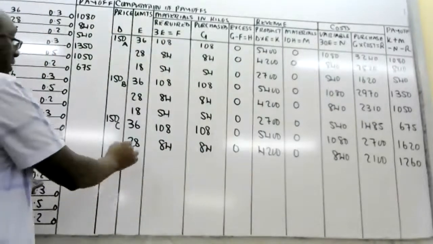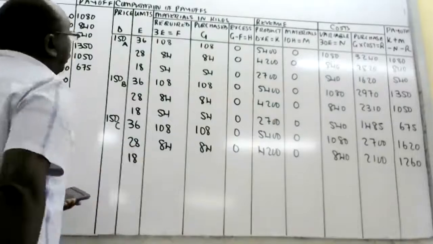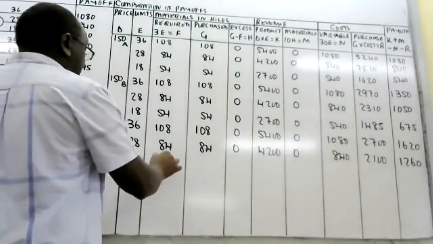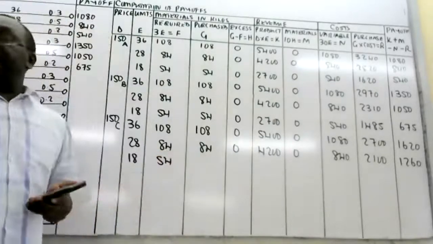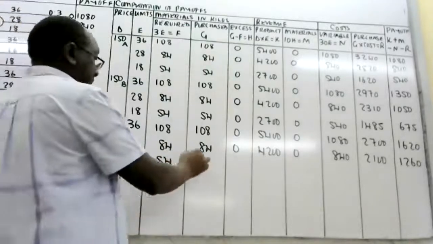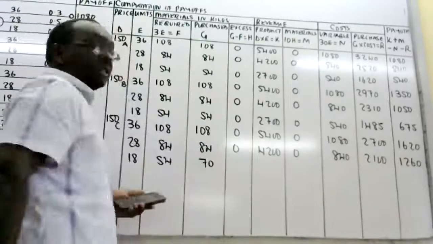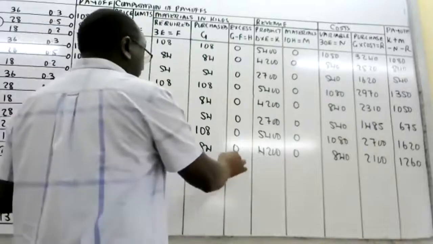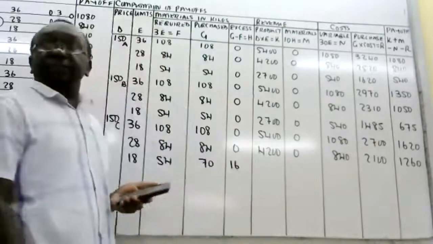So we got 18. 18 is 54, but now 54 is below 70. So you must buy 70. So if you bought 70, that means you have an excess of 16.